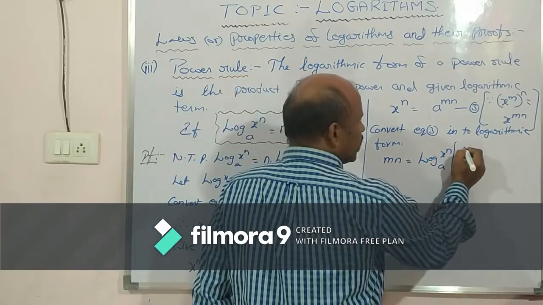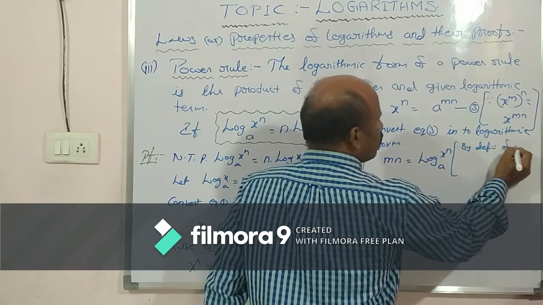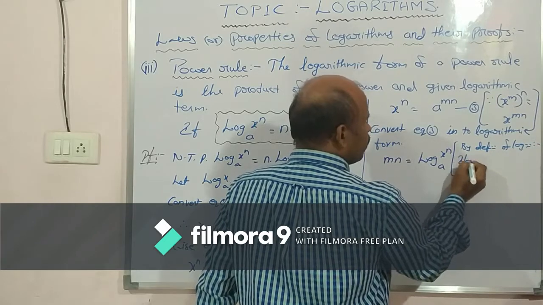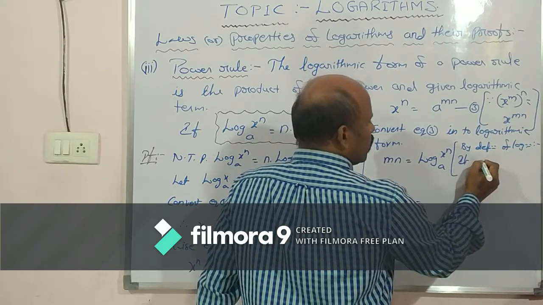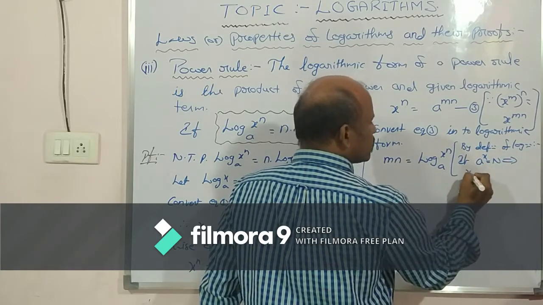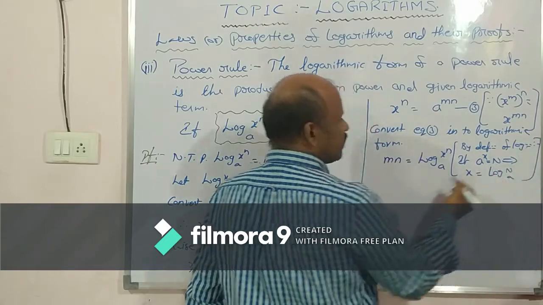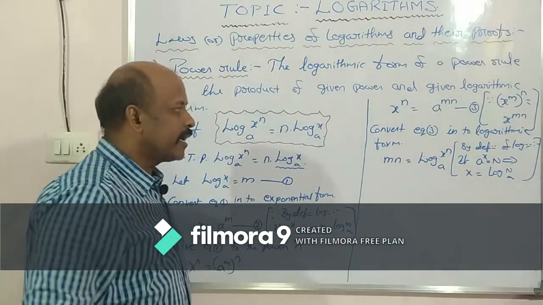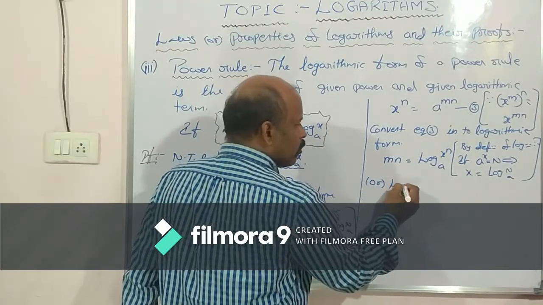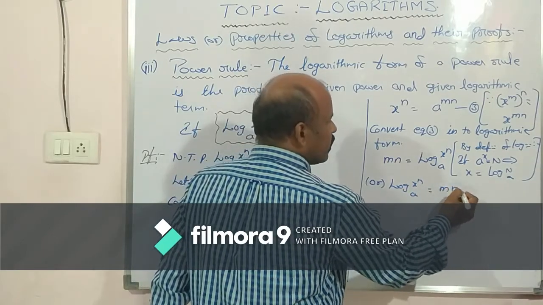By the definition of logarithm, if a power x is equal to n, then x is equal to log n base a. By this definition I used it over here. Again I am going to write overall: log x power n base a is equal to mn.